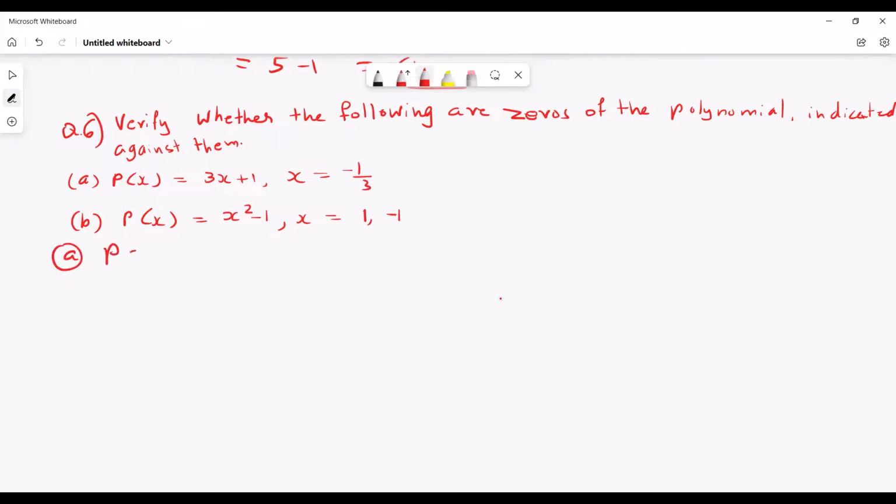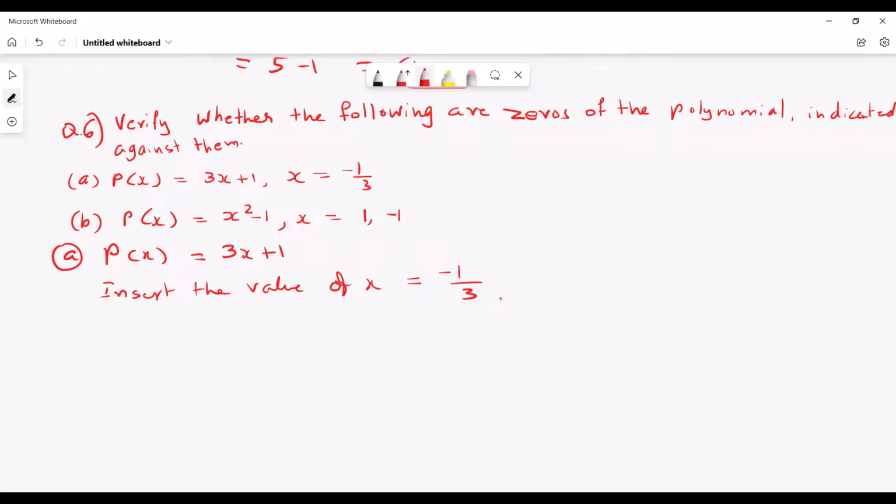We have p of x equal to 3x plus 1. And now insert the value of x equal to minus 1 by 3.